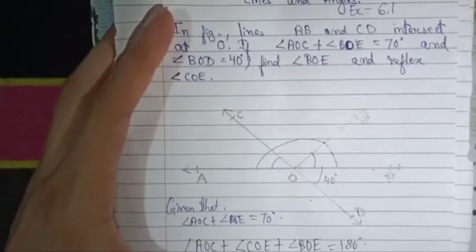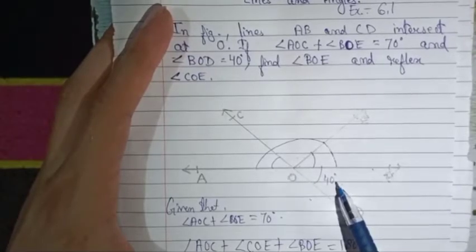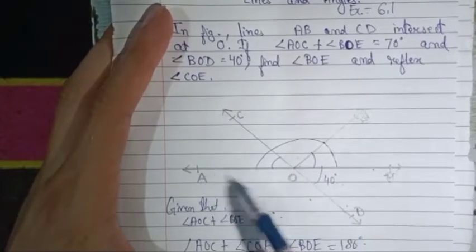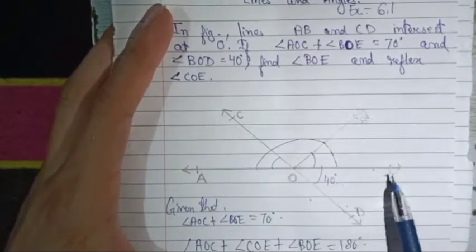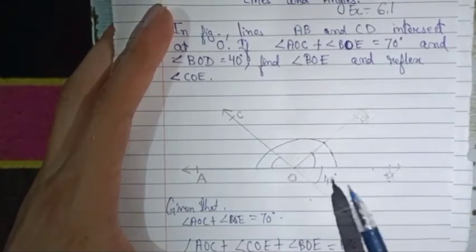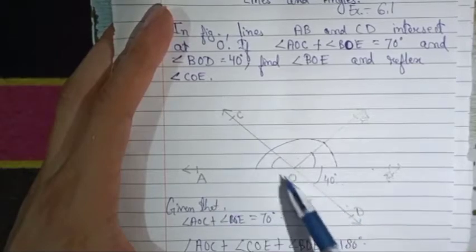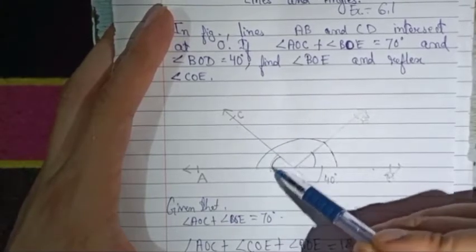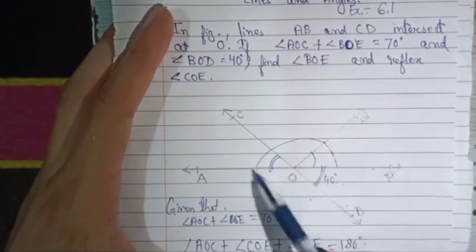Firstly, look into the diagram. We are given that angle BOD equals 40 degrees, and angle BOD and angle AOC are vertically opposite angles. AB and CD are intersecting lines, so these two angles are vertically opposite angles.